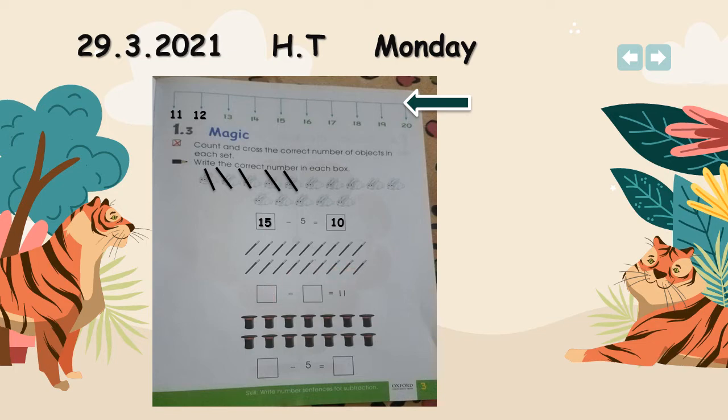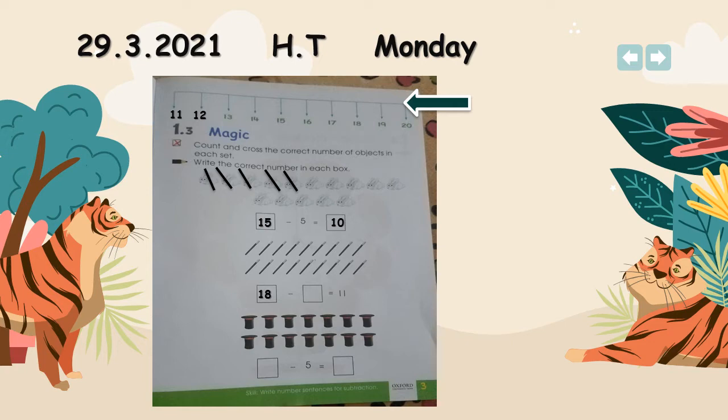So you are going to write number 18 in the first box. Then there is a sign of minus. 18 minus, again there is an empty box, is equal to 11. Now here is written your answer, number 11. So we have to count till 11. So we will cross from the backward.